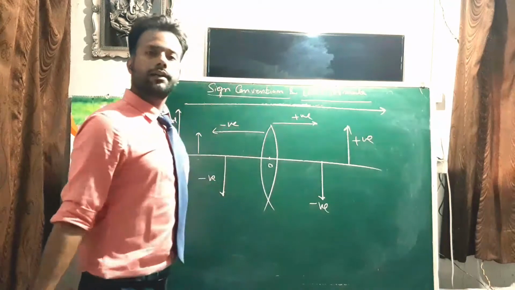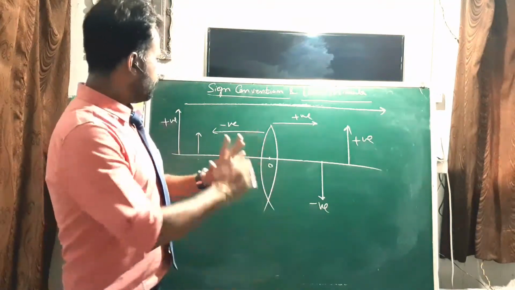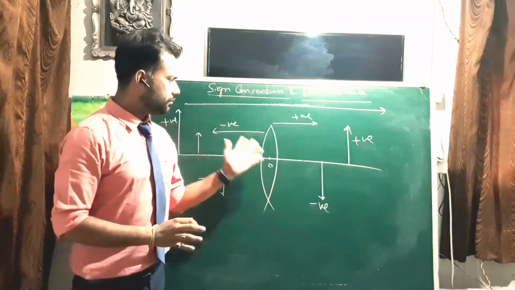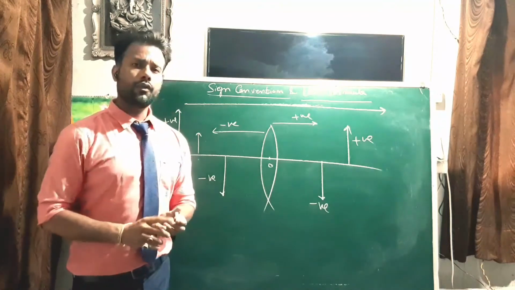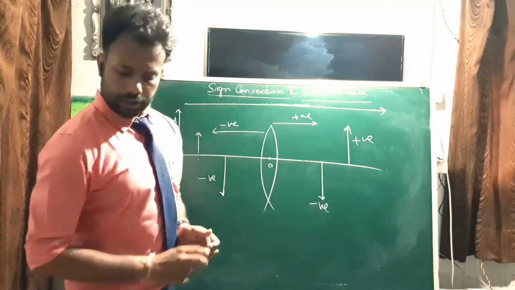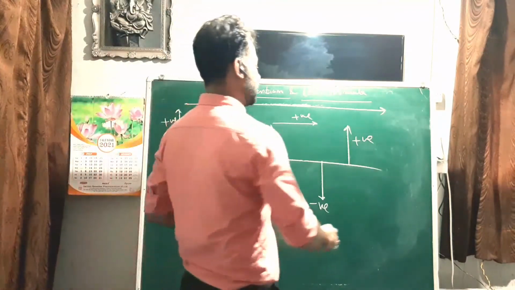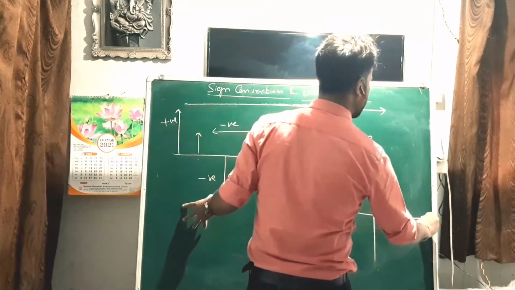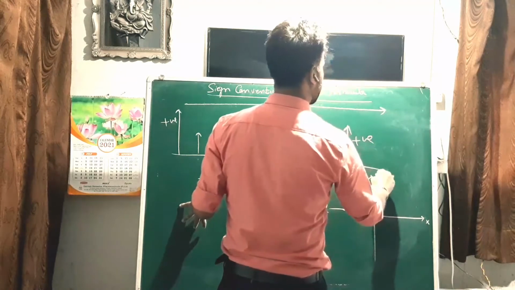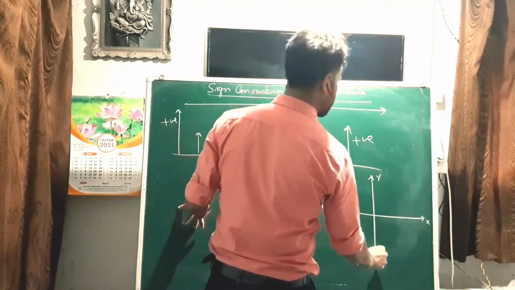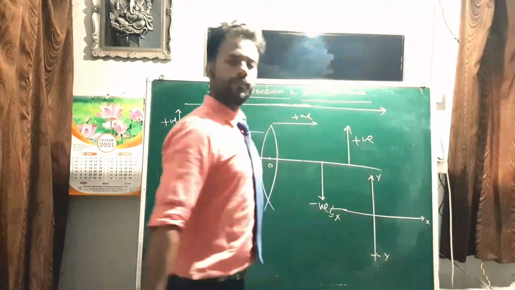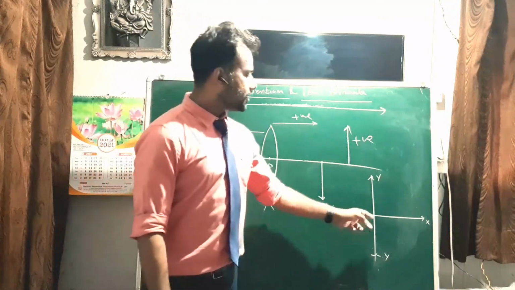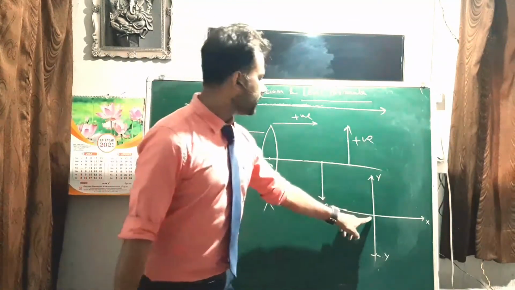As simple as that. You can learn this with the help of the Cartesian plane. You must have used graph paper, and in the graph paper we have 4 quadrants: x, y, minus x and minus y. The distances are always measured from the center; here the center is the optical center.